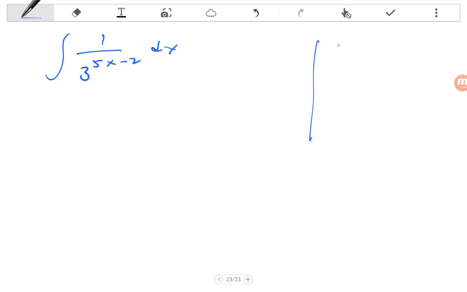For any form of exponential, we need to put it in this form: a to the power x, or a to the power of a linear bracket. This is 1 over an exponential function, but from my mathematical skills, I can write it like this: 3 to the power of minus 5x plus 2.